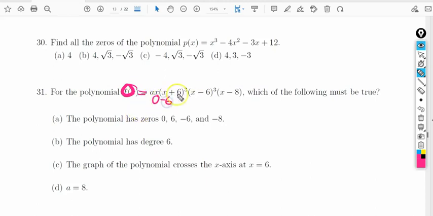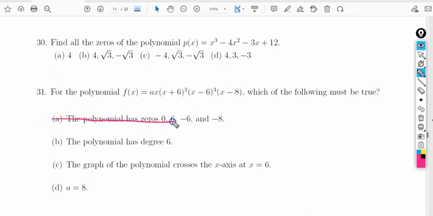If x is -6, it'll make what's inside this parenthesis 0, make the whole thing 0. If x is 6, and if x is 8, it'll make the whole thing 0. So these are the zeros. And be very careful. Polynomial has 0, 0, 6, -6. That is not a 0. So this statement is false.